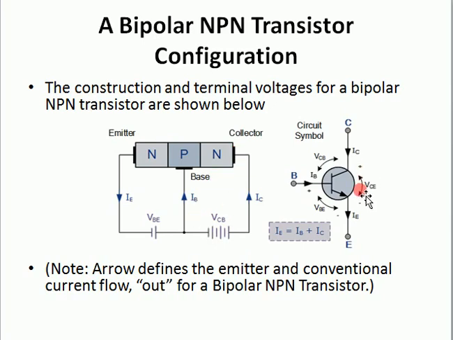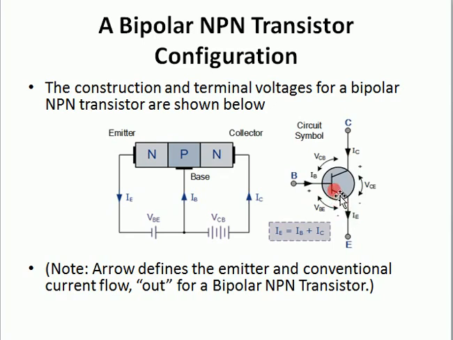This is the symbol of the NPN transistor. Here you see that at the base the current is entering into the transistor, and at the collector again the current is entering into the transistor, while at the emitter terminal the current is going out from the transistor.